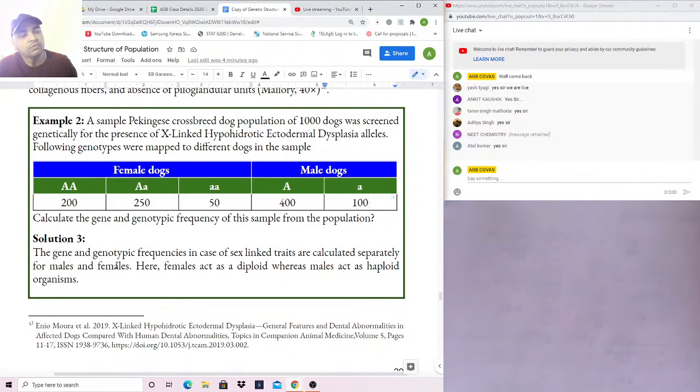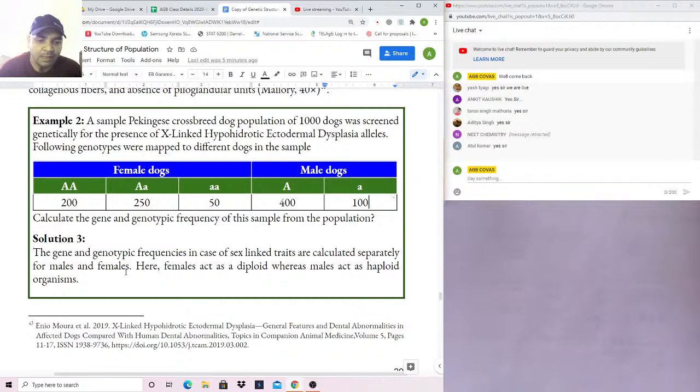Now we will try to understand how we calculate the gene and genotypic frequency in this population. The gene and genotypic frequencies in case of sex-linked traits are calculated separately for male and female dogs.